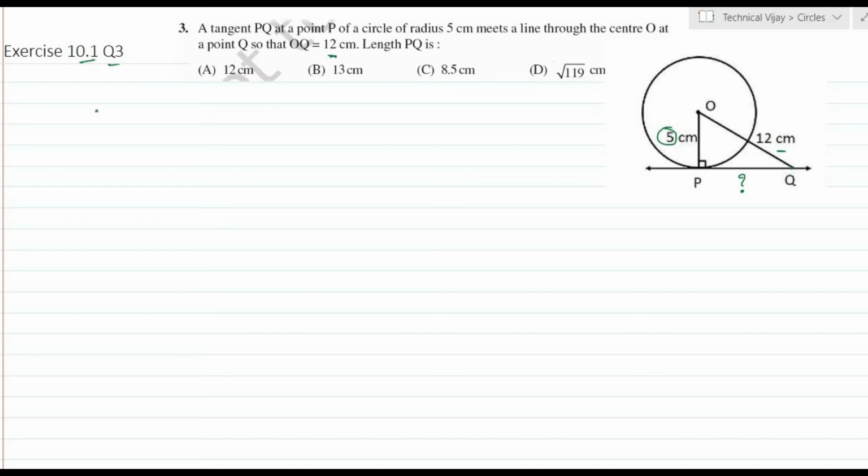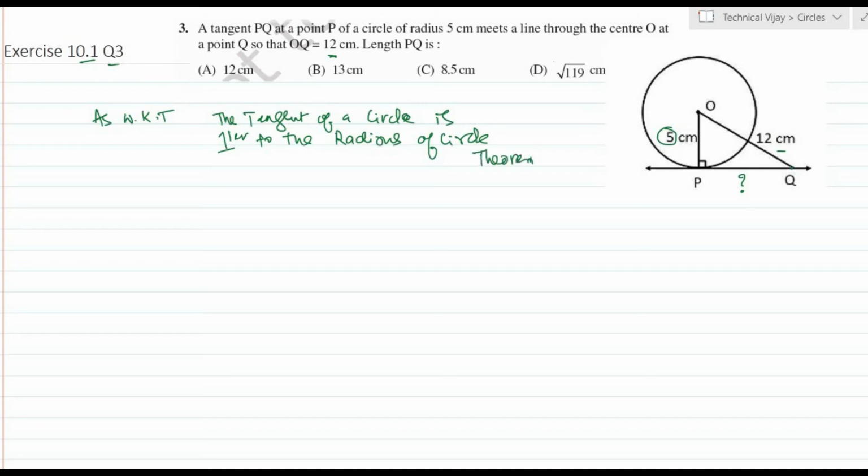As we know, the tangent of a circle is perpendicular to the radius of the circle. This we have seen in the theorems, that is theorem 10.1.